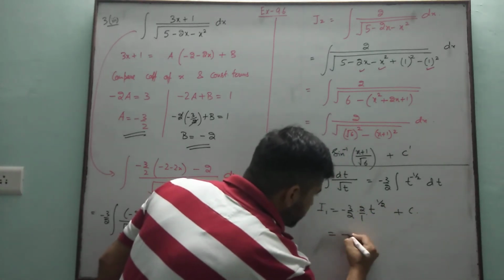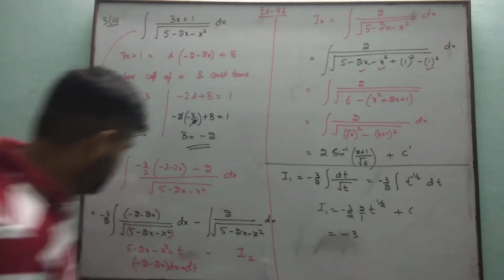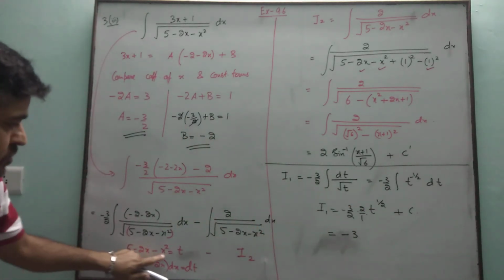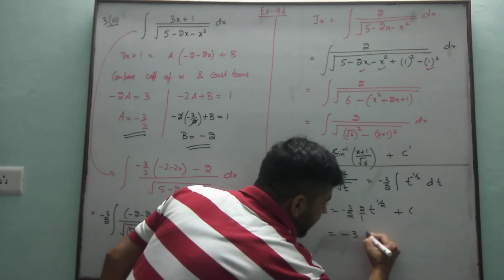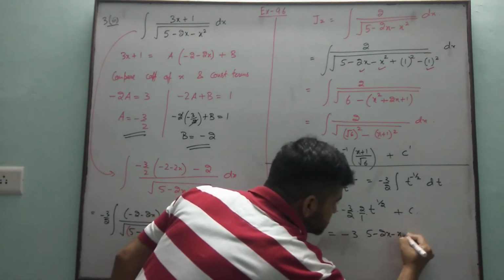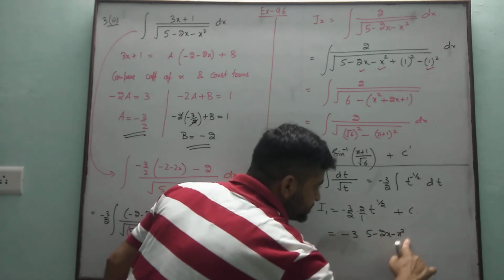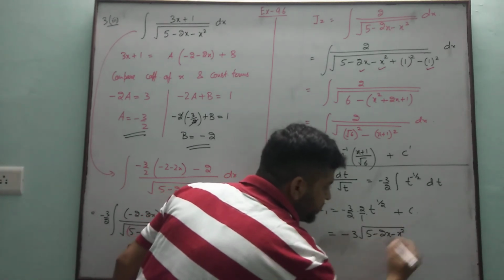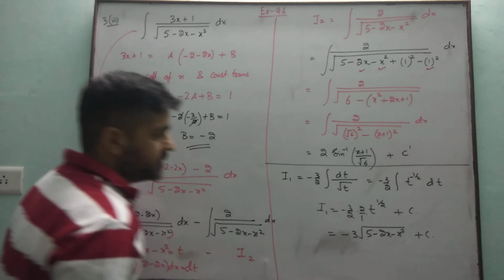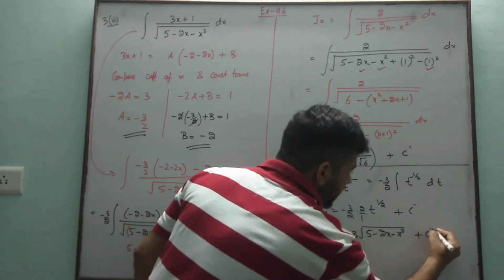Put the value of t, 5 minus 2x minus x square, and this will be in under root as power is 1 by 2, plus c or c double dash.